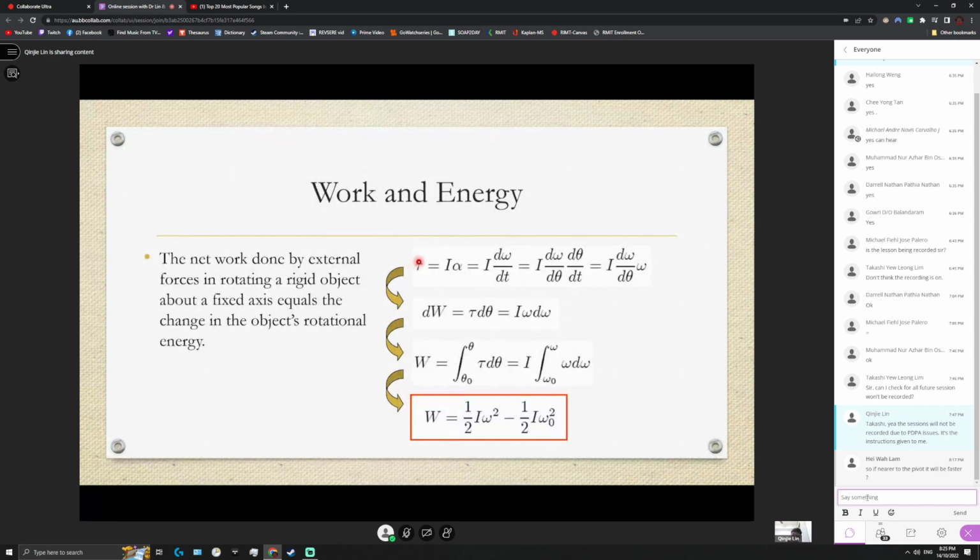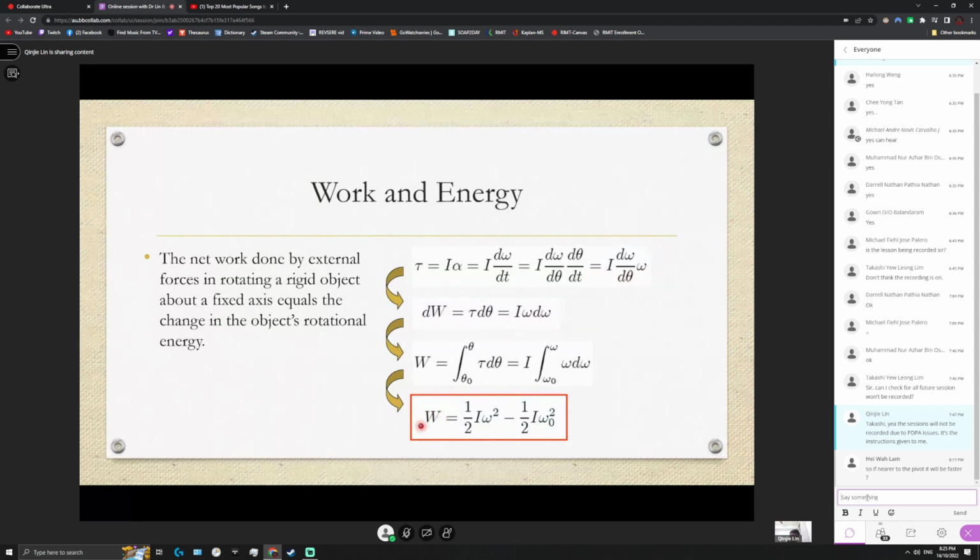Down here we start with tau equals I alpha, because now we're in rotation. I don't want to confuse you with the first few steps, because we are not exactly doing mathematics. We want to study concepts. So in the end, we're going to get this statement here, which is very similar to what we have learned in the linear part.